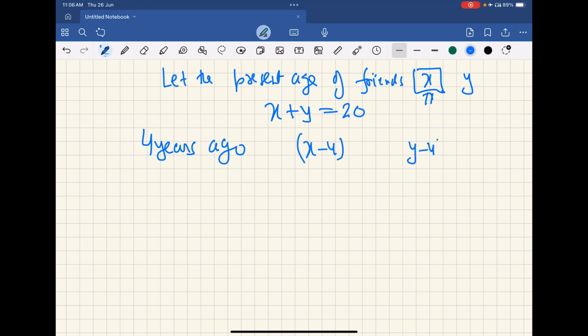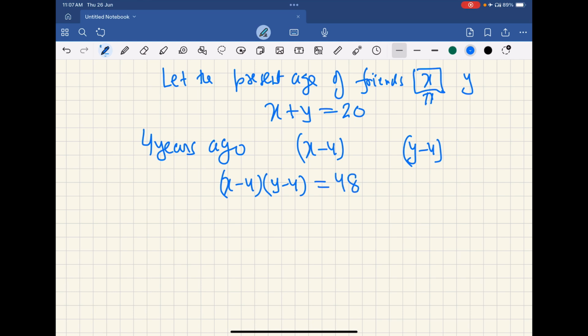Similarly, the other friend would be y minus 4 years old. So according to the question, 4 years ago the product of their ages was 48. So let us first write x minus 4 times y minus 4 equals 48.